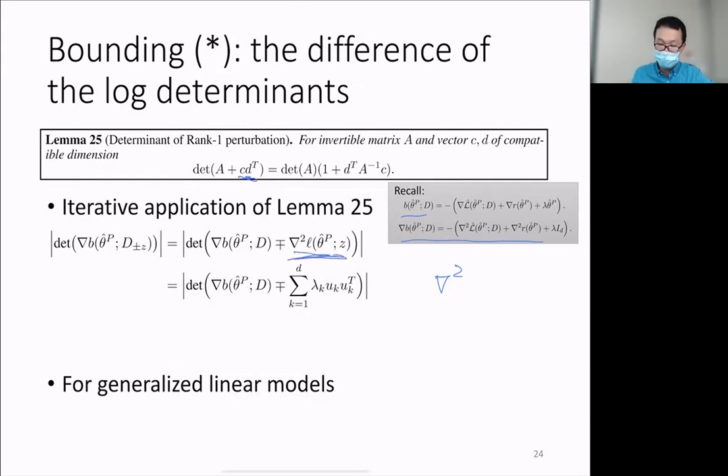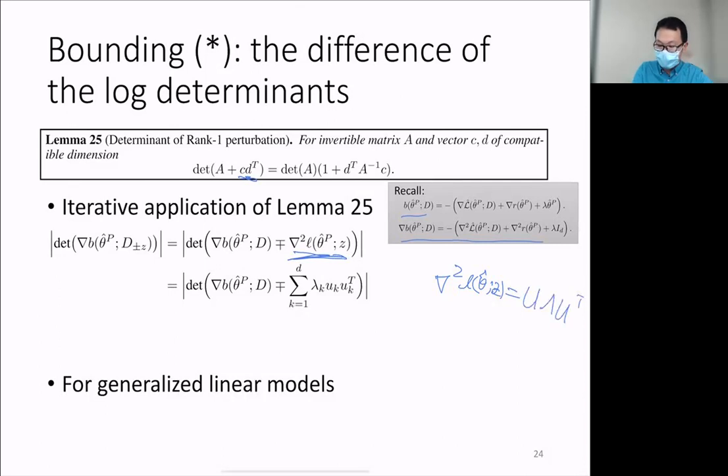Either add or remove. So this individual loss function, let's take the eigendecomposition of this, and since this is convex, then we know that all the eigenvalues are positive. So we can take the eigendecomposition and it gives us U lambda U transpose.